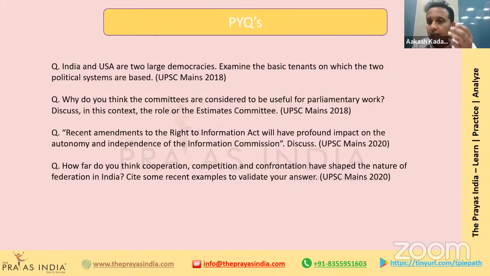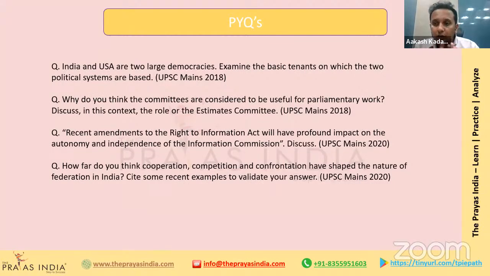For instance, if you have noticed, during the COVID times there was a lot of tussle going on between the central government and the state governments on the basis of the GST compensation. The states were demanding that the center should pay them the GST compensation as soon as possible, because they were finding it difficult to finance themselves.